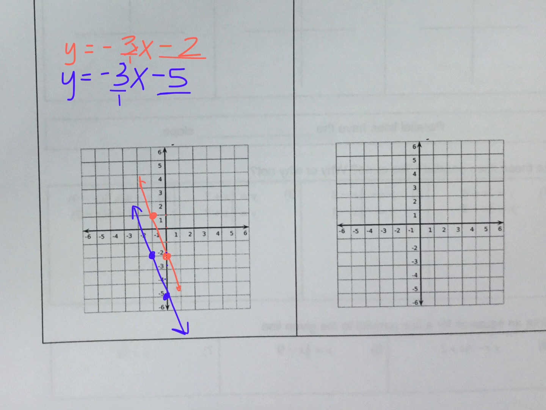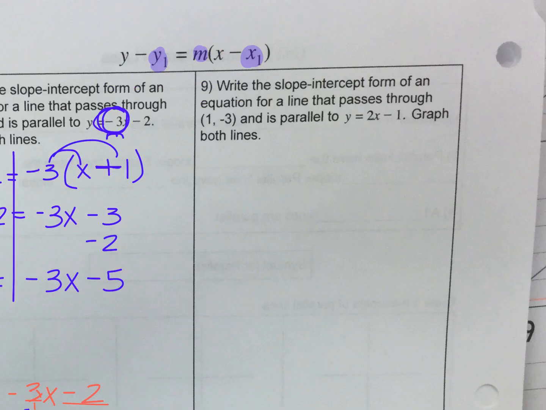So let's do the same thing with the next problem. We're looking for a parallel line. So that means we're going to use this same slope, x1, y1. So we need to write our equation. y minus y1, which is a negative 3. 2 negatives make a positive, equals m, which is a 2, times x minus x1, which is a 1.